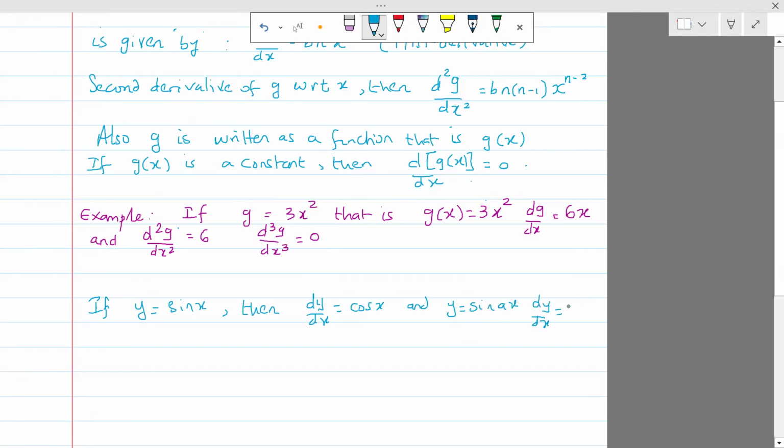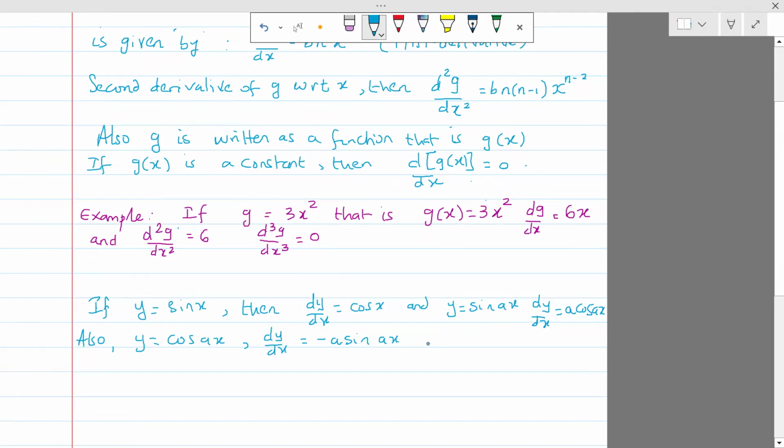Its dy by dx becomes a cos ax. Also, y equals cos ax, then dy by dx becomes minus a sine ax. This you should learn by heart.